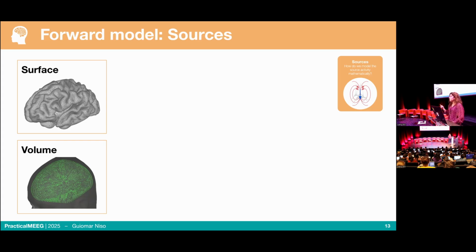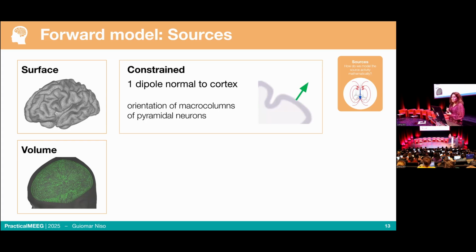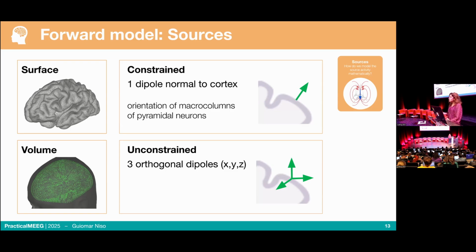In addition to that, especially on the surface, we can estimate constrained sources, which are normal to the cortex. And so they follow the orientation of the macrocolumns of pyramidal neurons that are oriented like this. Or we can use unconstrained sources. So at each point, we don't have only one source of activity, but three orientations. This is important because it adds complexity in the analysis that we need to do afterwards.